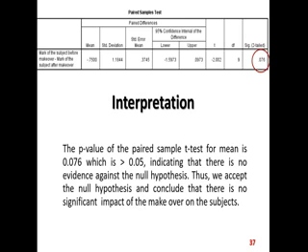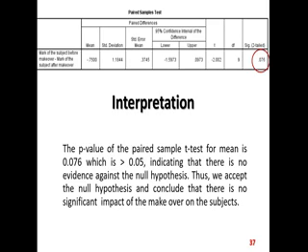So we come up with the interpretation of this test: the p-value of the paired samples t-test for means is 0.076, which is greater than 0.05, the p-value at 5% level of significance, indicating that there is no evidence against the null hypothesis.